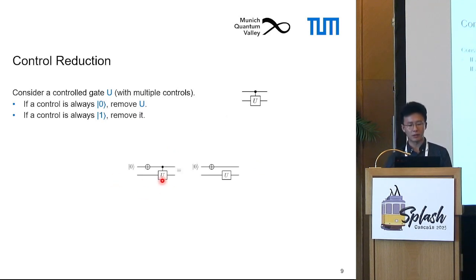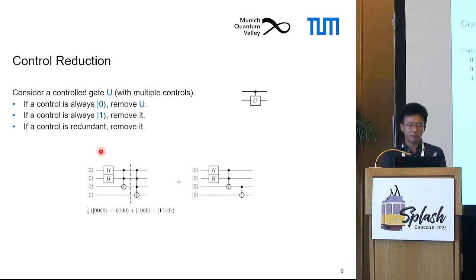In case we know that this wire is always receiving 1, because the negation of 0 is 1, then we know that this gate is always applied, so we can remove this control signal because we don't need it. We know already in advance that this gate is always going to be applied. So by doing so, we simplify the complexity of the gate.